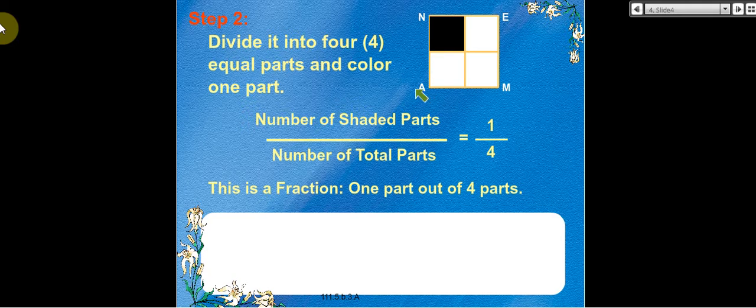We named this square A, N, E, M. Number of shaded parts over number of total parts gives you 1/4. This is a fraction, 1 part out of 4 parts. Which are the 4 parts? 1, 2, 3, 4. We are talking about 1 part of all 4 parts.